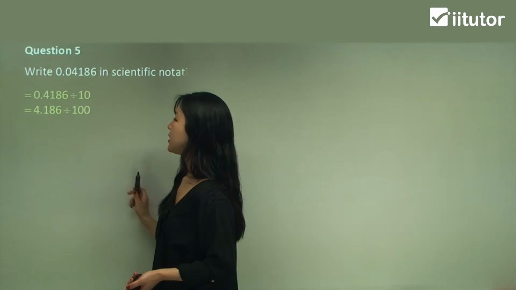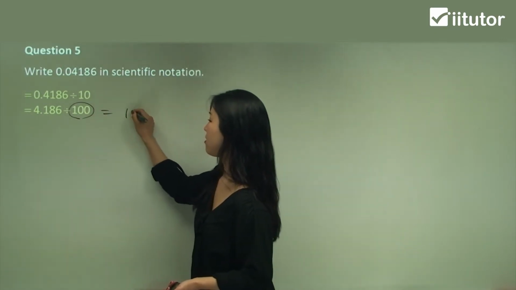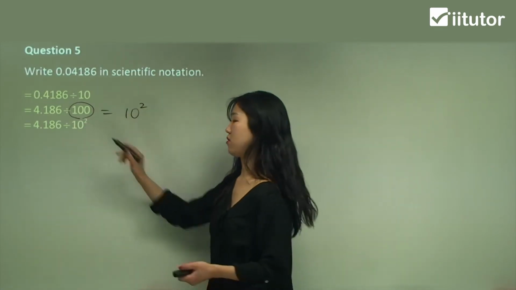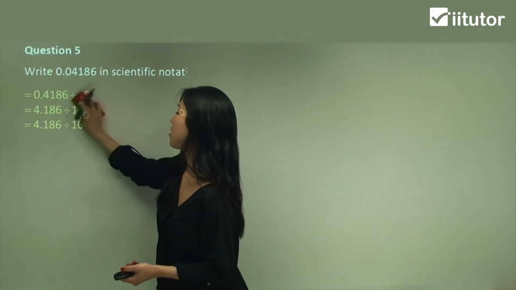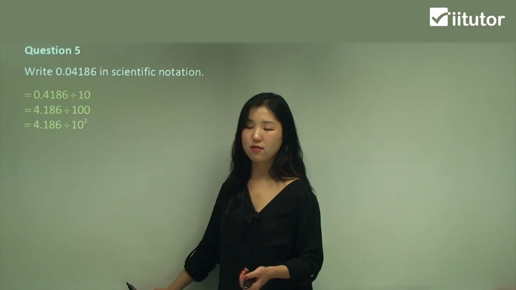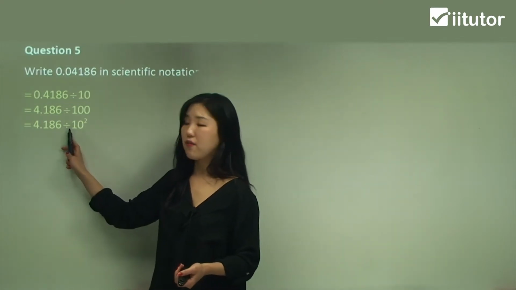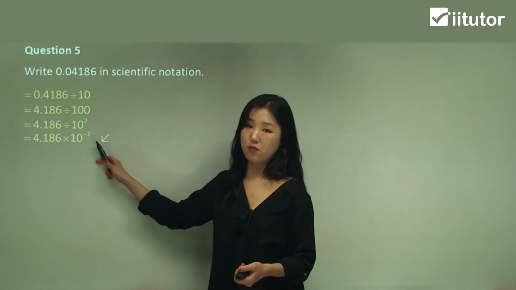This one, 100, is 10 to the power of 2, isn't it? So I've just replaced the 100 with 10 squared. But because we're dividing, we don't like to write division in scientific notation. We always want to keep it as multiply. So if I change the division to multiply, I have to change the 2 to a negative as well.